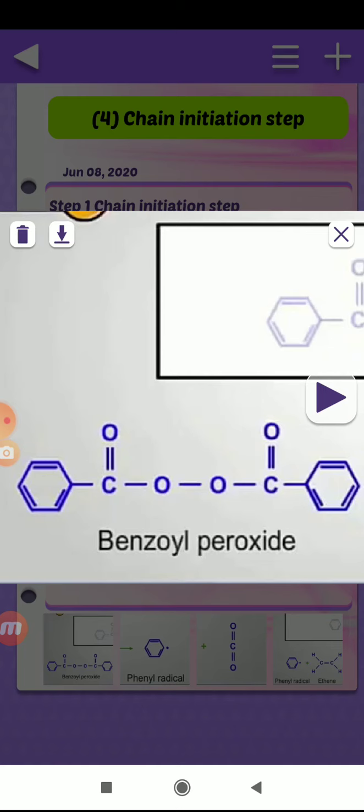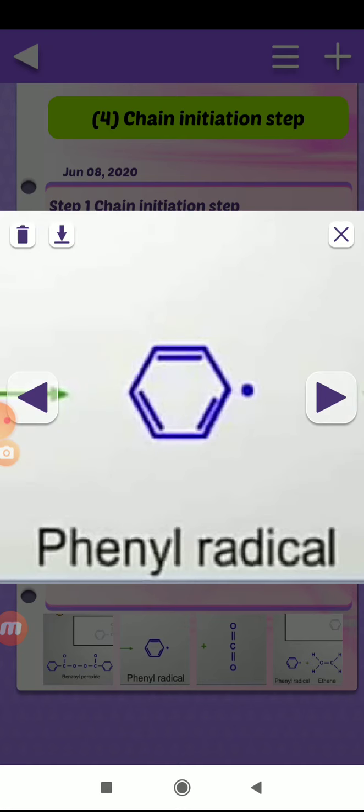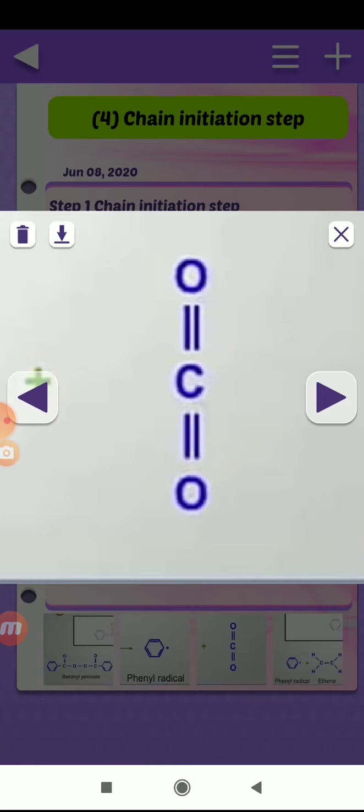The two oxygens at the center form what is called the peroxide linkage. When that bond undergoes homolytic fission, free radicals are formed. That is, phenyl free radical is formed and carbon dioxide is formed.